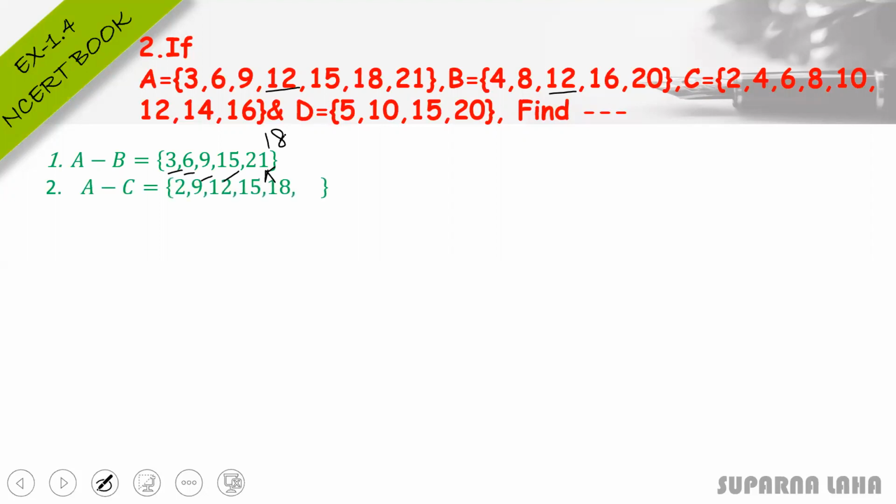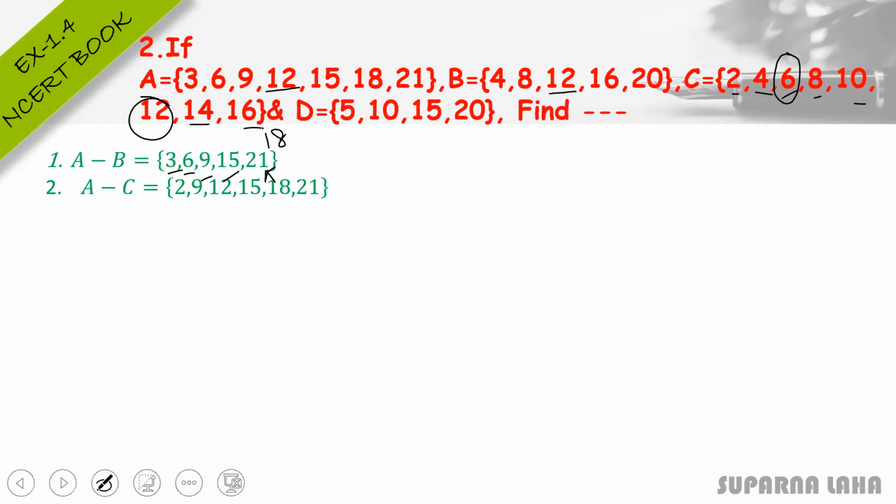Next is A minus C. From A, subtract C. So find the common elements. 6 is a common element and then 12 is a common element. So these two are common elements, 6 and 12. Otherwise 2, 4, 8, 10, 12, 14 and 16, no common element.